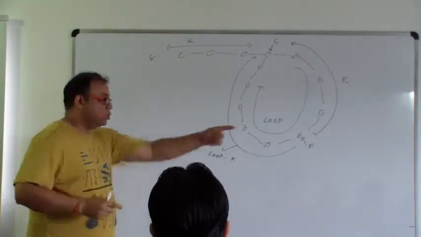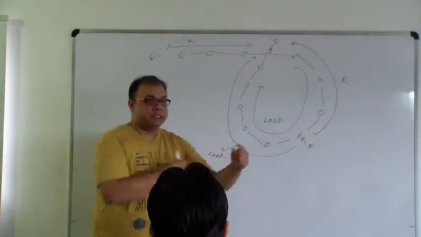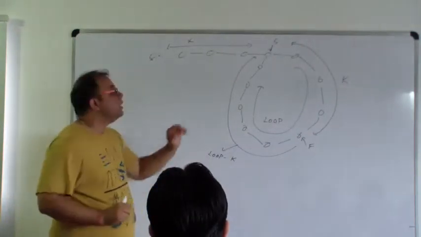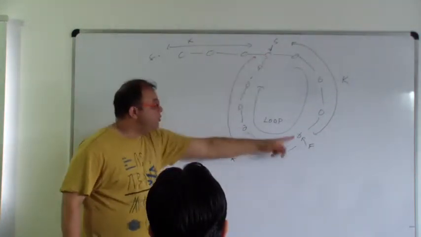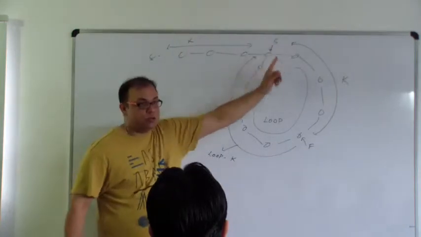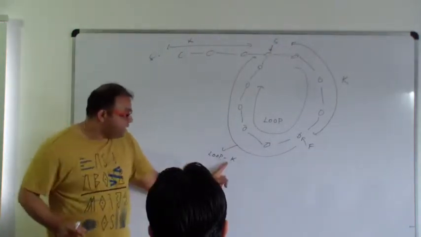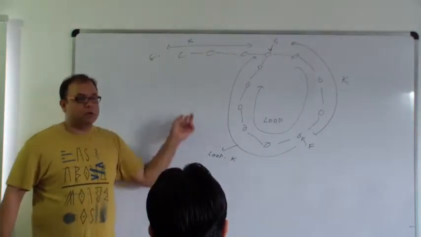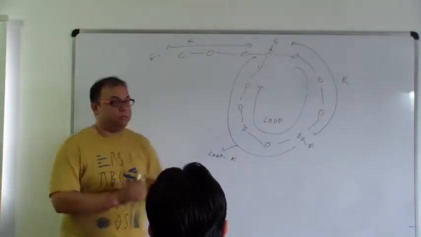So slow moves 1, I am moving twice, so the difference between us is getting reduced by k. For fast to catch up to slow, there will be loop minus k steps, because this is the number of steps I have to go to catch up to slow.